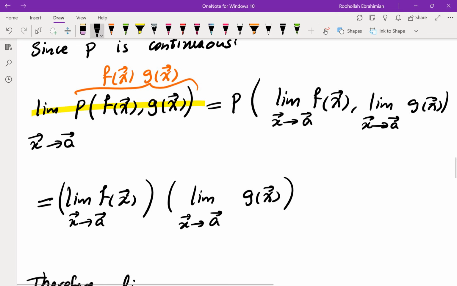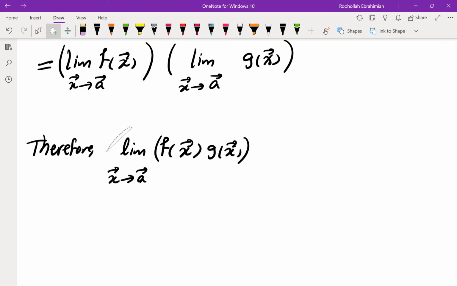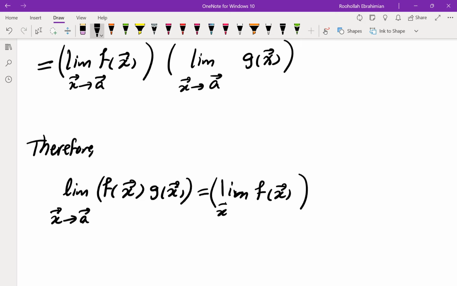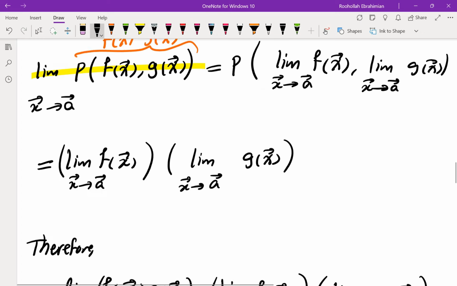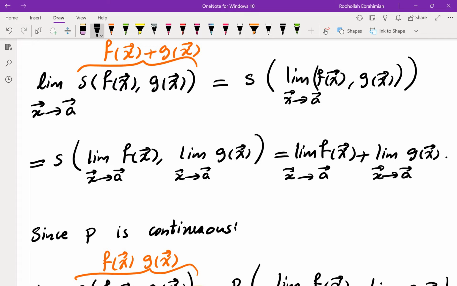This highlighted one is the limit of f of x times g of x as x approaches a, and that equals the other side, the product of limits: the limit of f of x as x approaches a times the limit of g of x as x approaches a. And that completes the proof. The previous one was also almost identical to this: the limit of a sum equals the sum of limits.